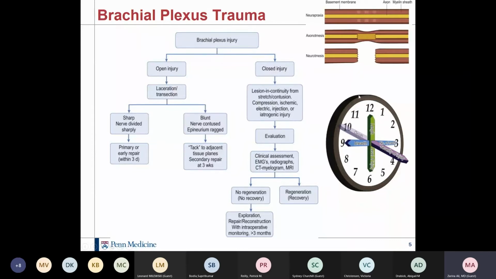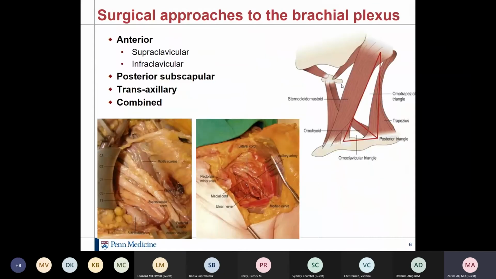So the longer an injury persists, the more Wallerian degeneration occurs at the level of the nerve, and the more the end organ, in this case the muscle, becomes atrophic and not suitable for reinnervation. So we're constantly balancing the level of injury, the severity of the injury, and what, if any, regeneration is happening in order to determine the appropriate time point of surgical intervention.